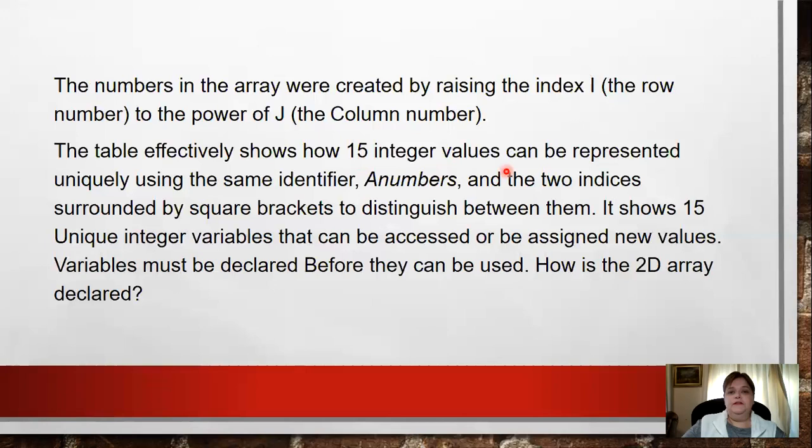So it shows how the 15 integer values can be represented uniquely using the same identifier, A numbers, and the two indices surrounded by square brackets to distinguish between them. It shows 15 unique integer variables that can be accessed or assigned new values. Variables must be declared before they are used.